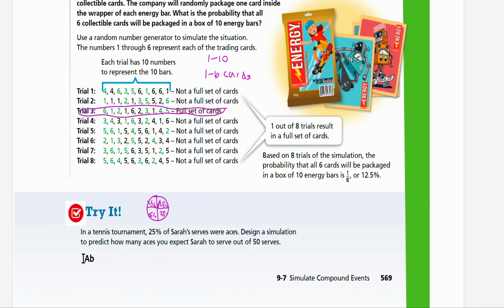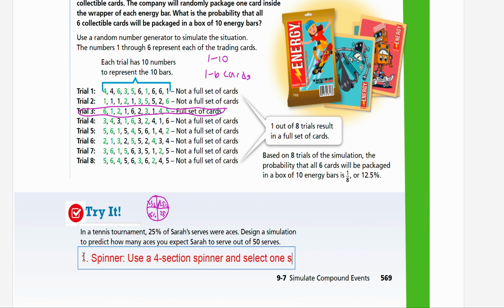Okay, so I'm going to write both of them. So number 1, spinner. Use a 4-section spinner and select one section to represent serving an ace.